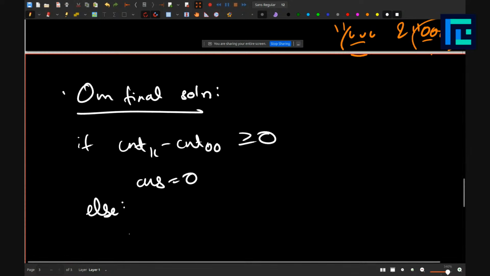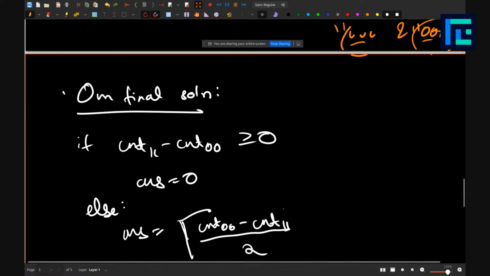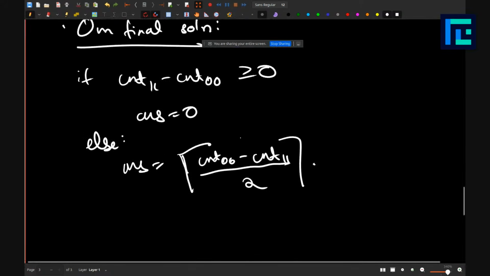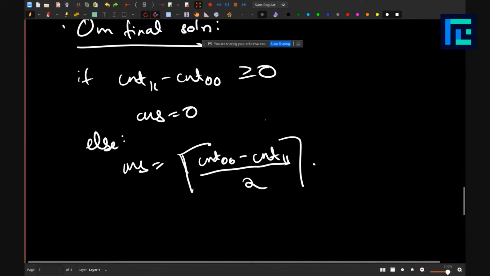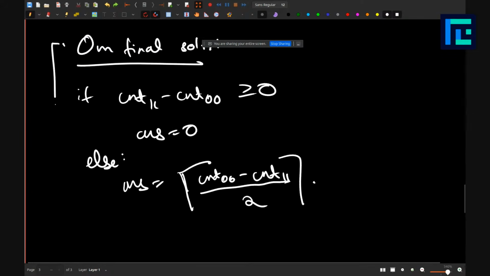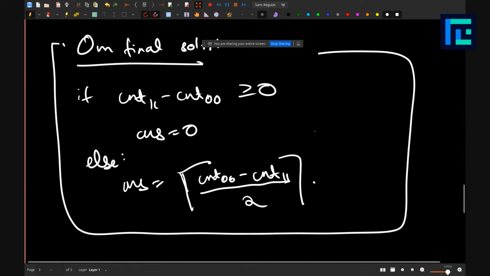Else, answer is equal to ceiling of (count 0 0 minus count 1 1) divided by 2, right? Because each time we're increasing by 2, the required quantity to increase is this much, so we need x by 2 of that quantity. So yeah, that's it. This is the solution.